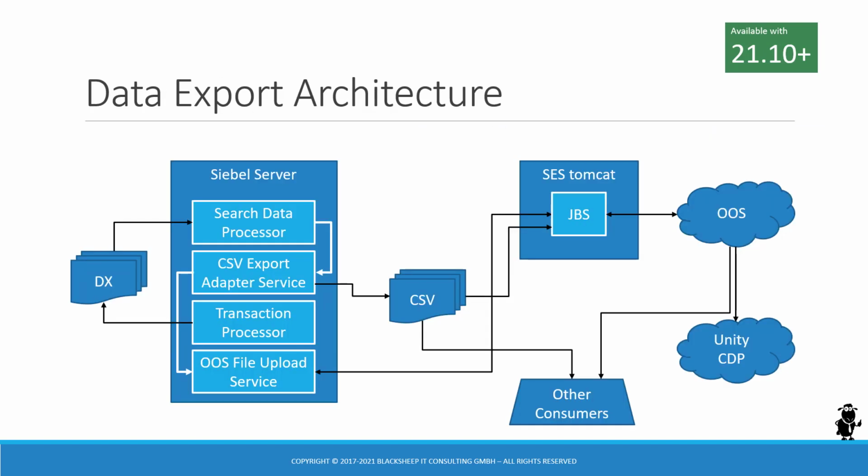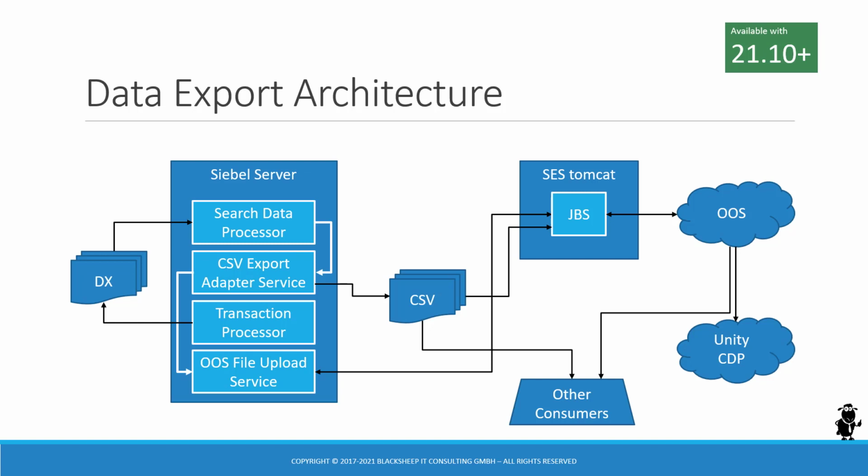So the whole architecture is pretty interesting as it combines existing components or business services with new services. So the search data processor either is kicked off for bulk export or it's kicked off through a repeating component request, repeating job, and then ingests the DX files generated by the transaction processor.